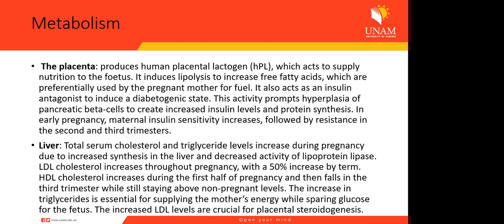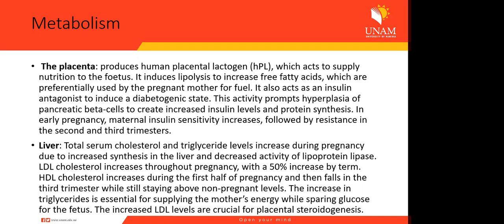It produces hormones like human placental lactogen, which helps to supply adequate nutrition to the growing fetus. It induces lipolysis, making free fatty acids preferentially used by the pregnant mother for fuel. Human placental lactogen is an anti-insulin agent, and this is what is responsible for the diabetogenic state of pregnancy.